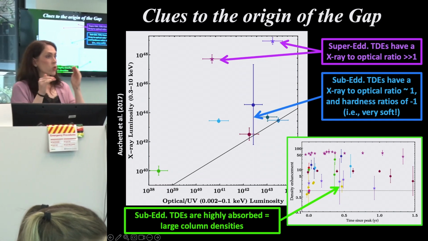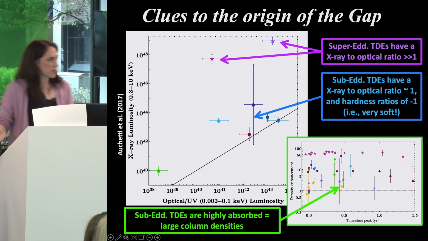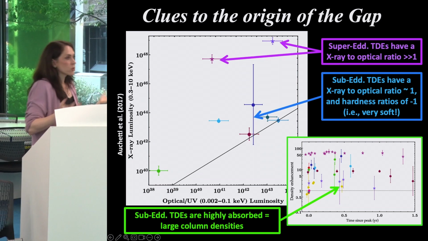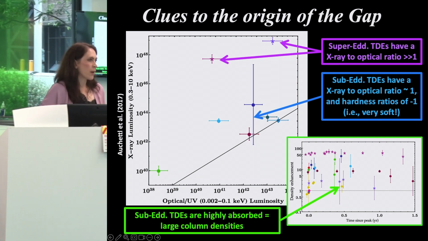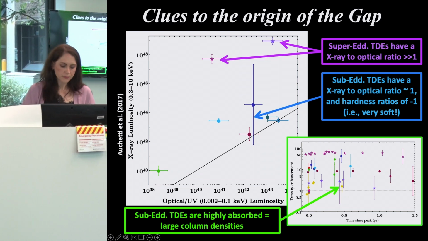This doesn't affect the super Eddington events because they have a jet, and jets punch through things, so they don't care about the material around there. But the ones that don't have these strong jets can't do that. So the hard X-rays are reprocessed into other wavelengths.